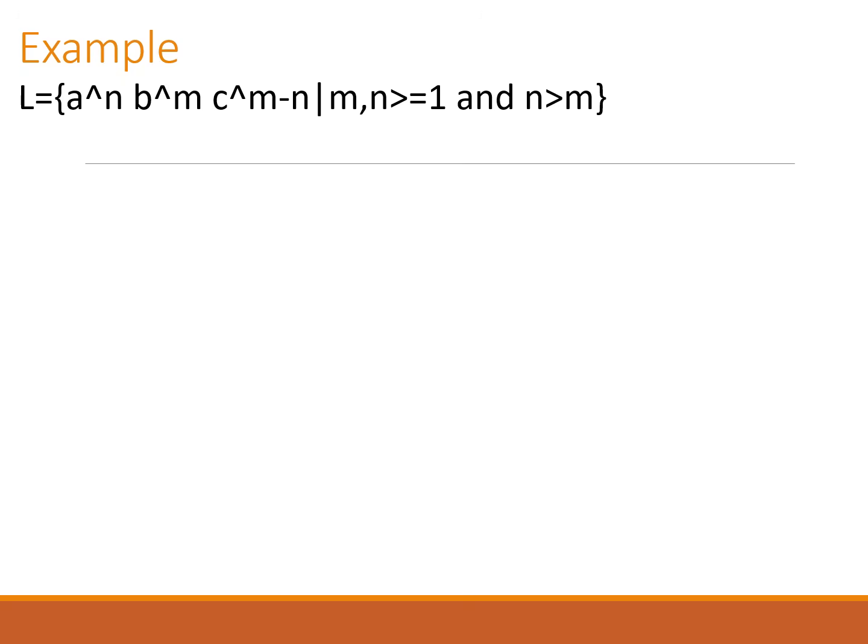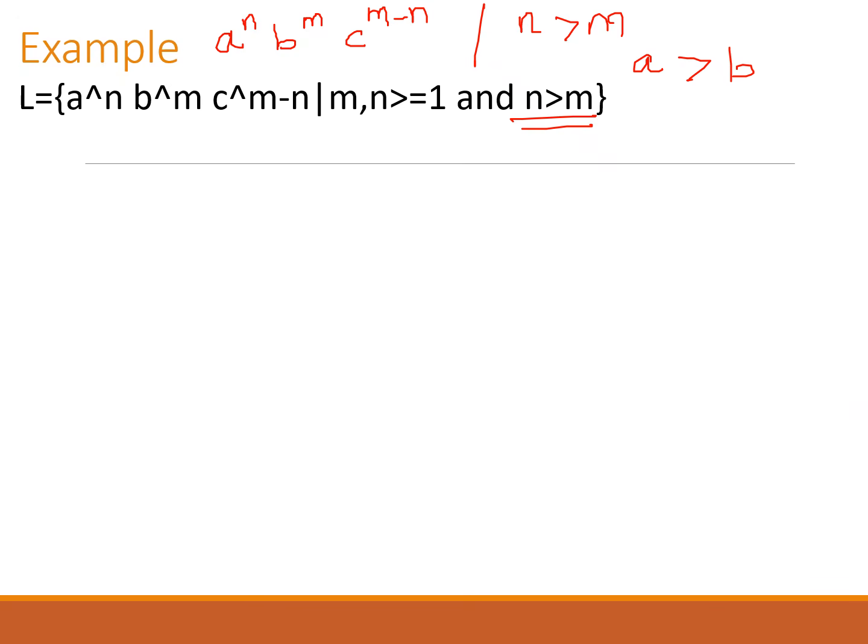Now, let us look at this one last example. Here it says we have n number of A's, m number of B's, but C should be m minus n. So this is the same condition, but now it is saying that the number of A's, which is n, should be greater than the number of B's, which is m.